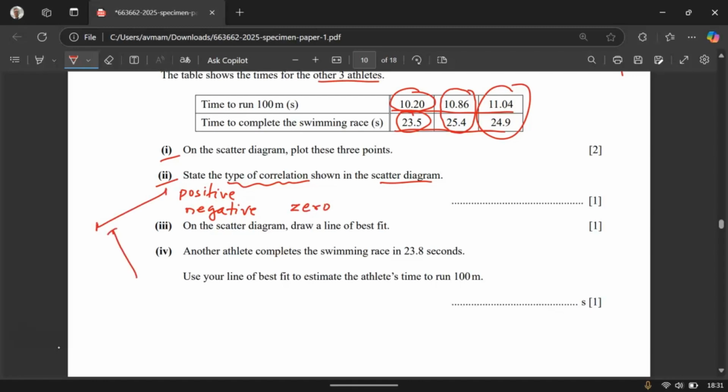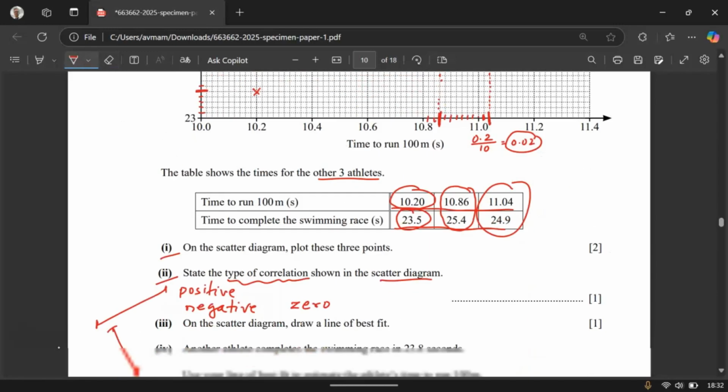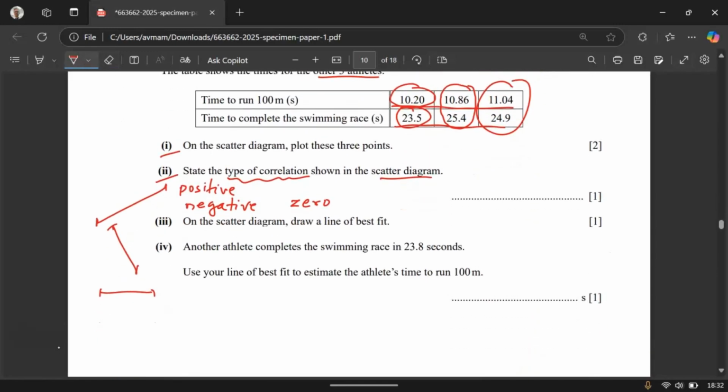Negative if it slopes downwards, and 0 if it is a horizontal line. Now if you think of the points on the scatter diagram, it is moving in an upward direction this way, so it has a positive correlation.